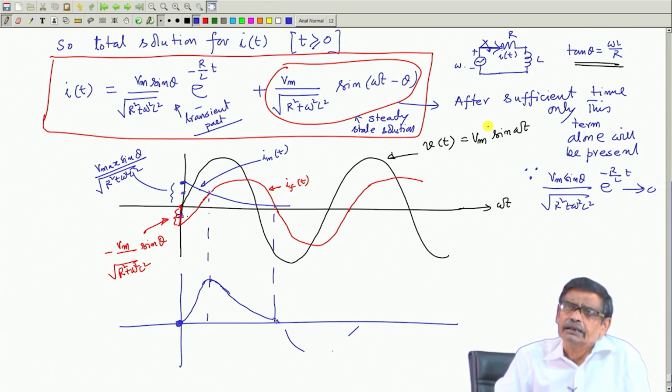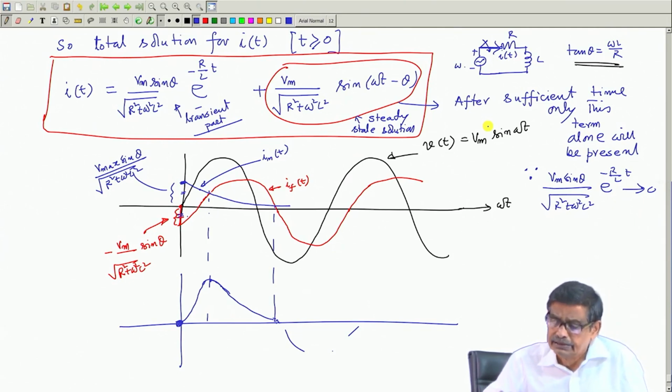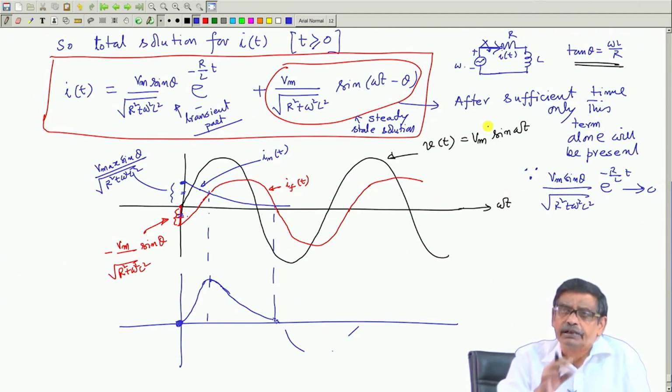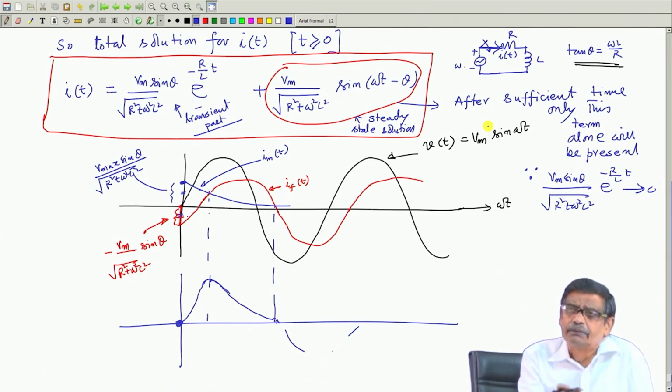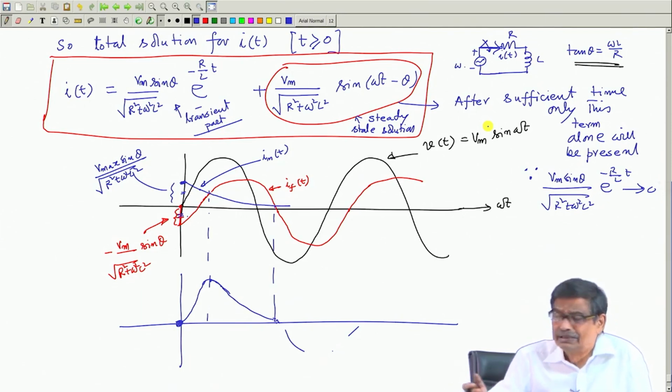That is why while analyzing AC circuits, say RL, RC, this type of circuits, which you energize with sinusoidal, people often neglect this transient part. See, one supply cycle, 50 hertz is the supply frequency, 20 millisecond is one cycle.